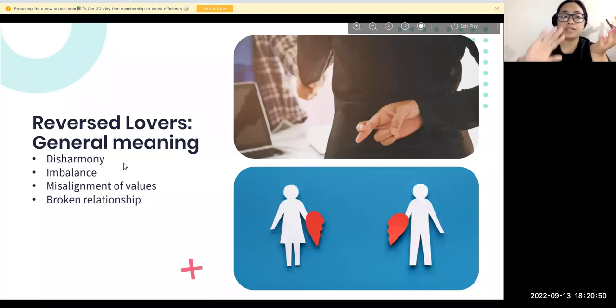Now Lovers as reversed, so there is going to be a lot of disharmony, a lot of imbalance in the relationship, and the relationship might also be broken, and between you and your partner there will be misalignment of values. देखिए, for example, आपके हिसाब से you have a different view, आपके partner के हिसाब से he has a different view, so the views are not aligned, like lifestyle is not aligned, your way of living not aligned, your value system not aligned, so every cheez mein misalignment ho raha hai.